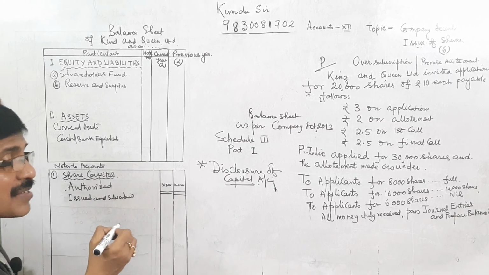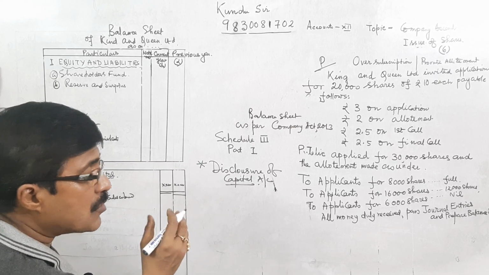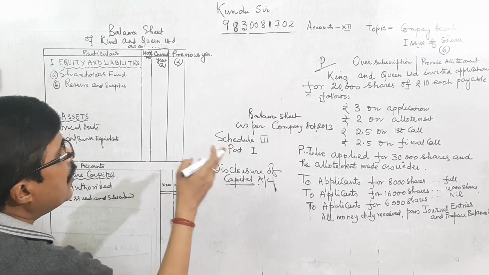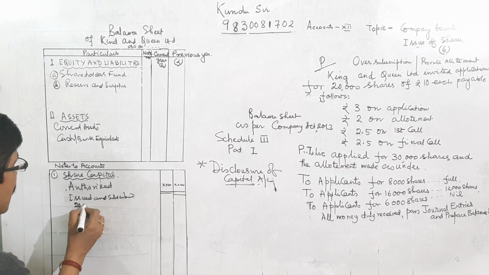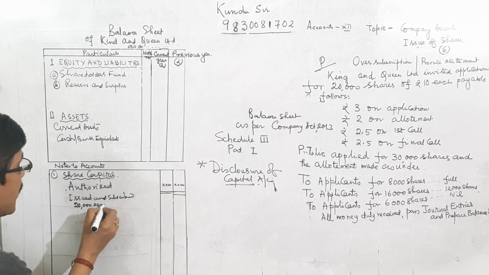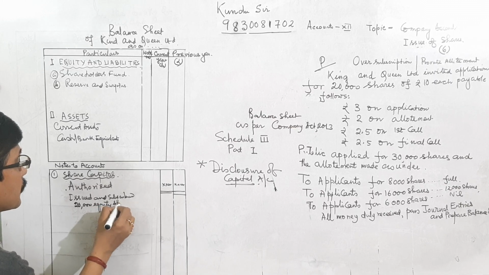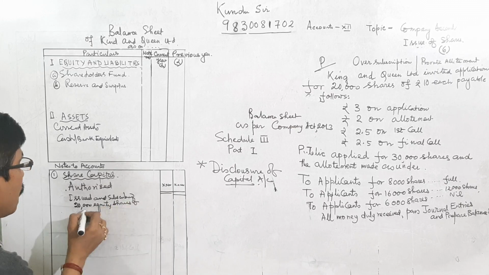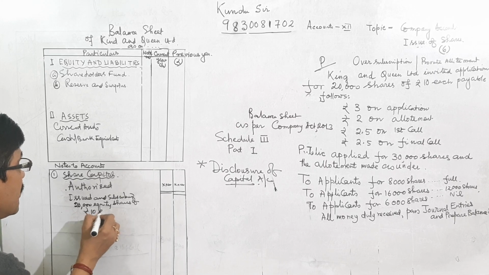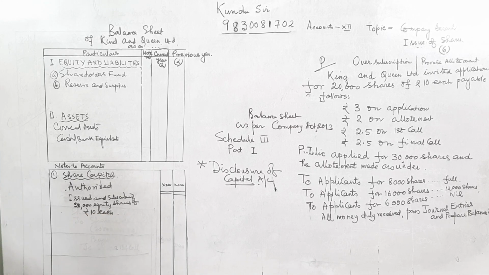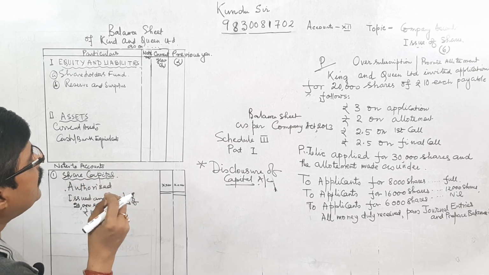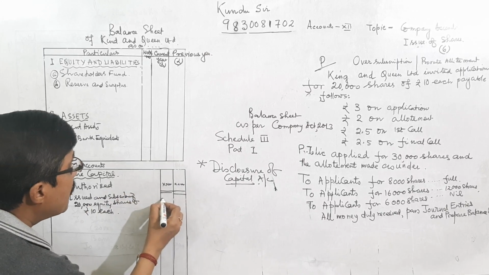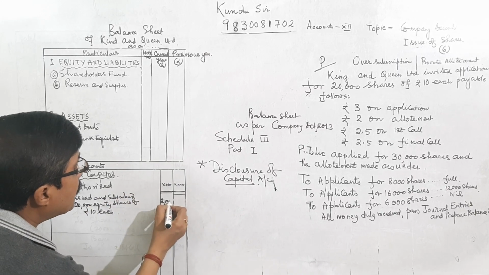How many shares are issued? 20,000 equity shares of rupees 10 each. That is 20,000 into 10, that means 2 lakh rupees.